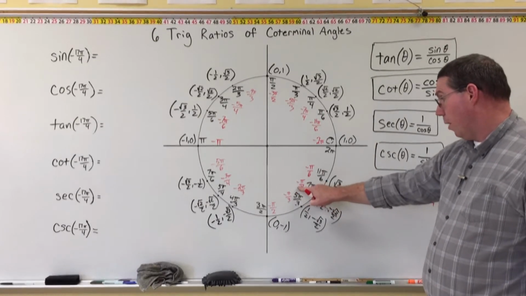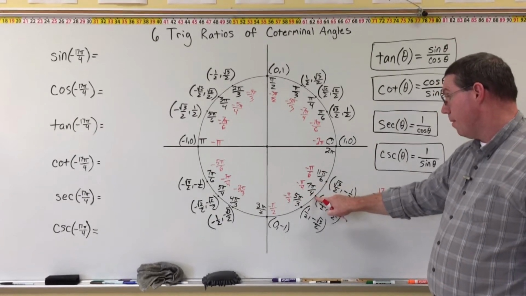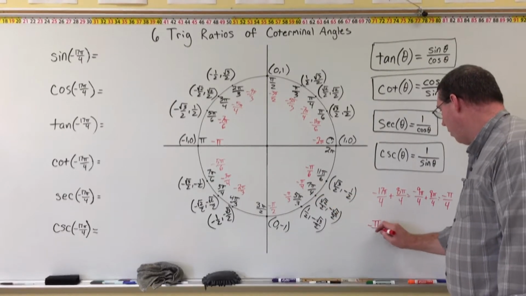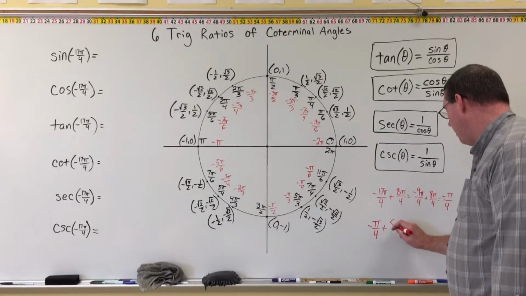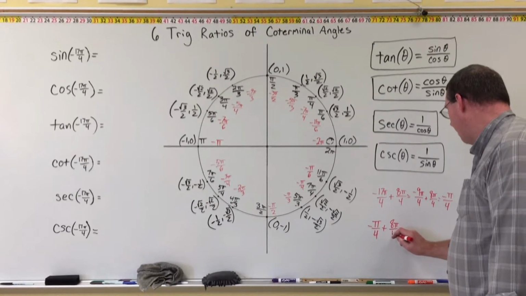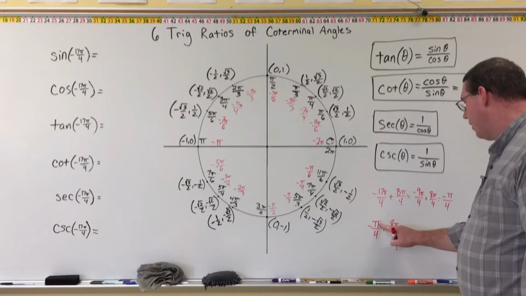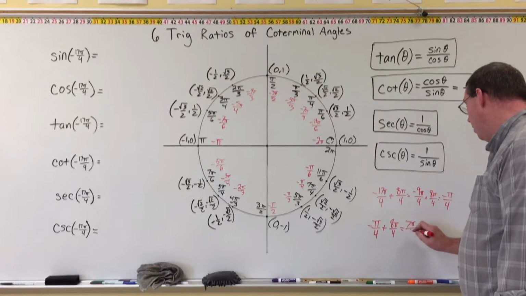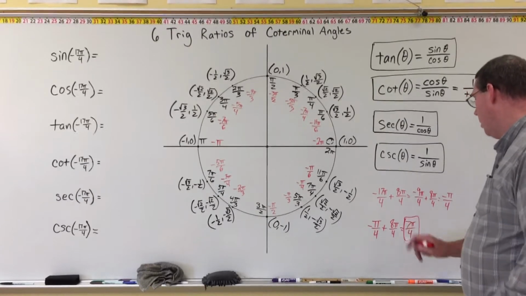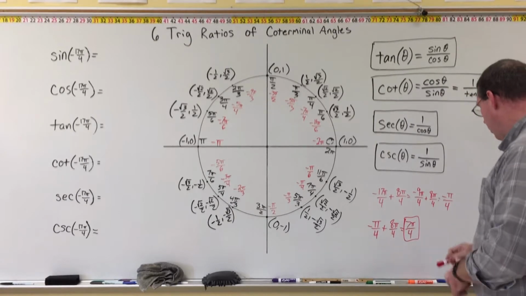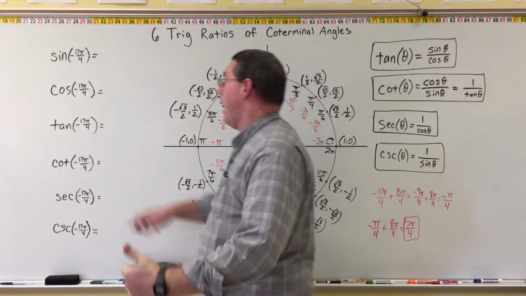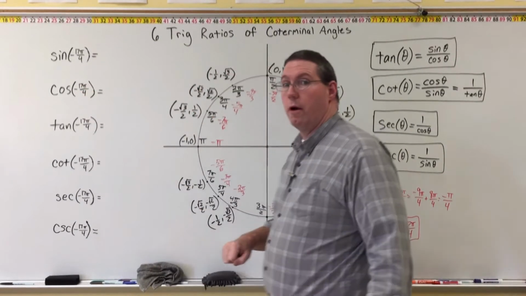So it must be this one, right? It must be this point. But just to make sure, let's go ahead and take our negative pi over 4, and we will add 8 pi over 4 one more time. And negative 1 plus 8 is 7. So it's going to be 7 pi over 4 is our coterminal angle. This is the coterminal angle. That is the same thing as negative 17 pi over 4.